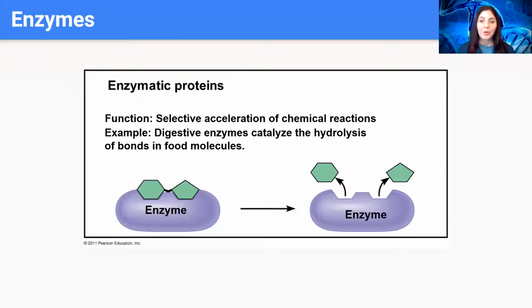Now, enzymes are what we call catalysts. They catalyze or speed up reactions by lowering the activation energy. Enzymes are specific for the reaction in which they catalyze, and they can either be classified as catabolic, by breaking those bonds apart through hydrolysis, or anabolic, meaning ana adds, through the process of dehydration synthesis.